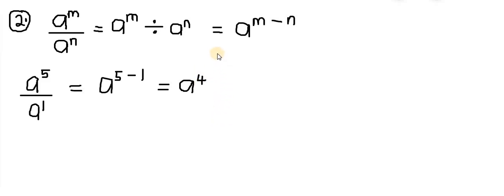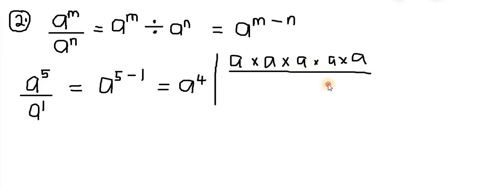Now the reason why this works, because a to the power of 5 is multiplying a 5 times, divided by just a to the power of 1, that's just 1a. So we cancel out this a with 1a, and how many a's are left? 4 of them. So we cancel out for 1 and 1 actually.